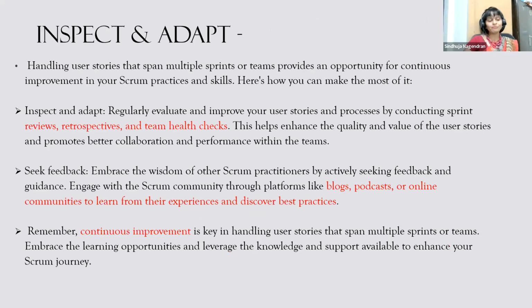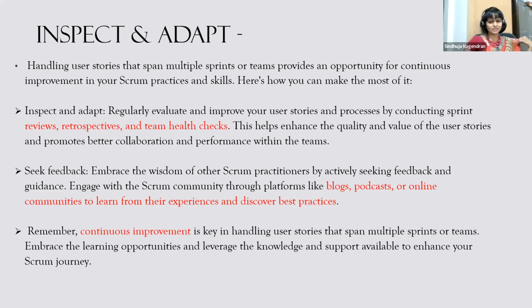Inspect and adapt. It's a wonderful thing where scrum and agile lie at the heart, right? So inspect and adapt, regular review meetings, regular retro meetings, and check team health, how it is, everything. Based on that we can inspect and adapt our user stories, even our process, everything. Okay, and it's not only embracing based on the feedback.